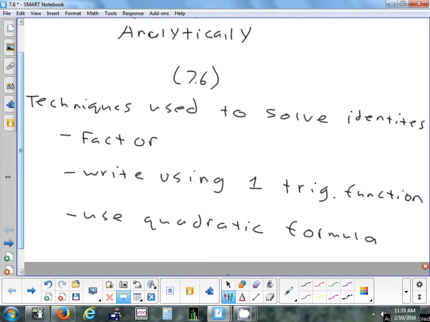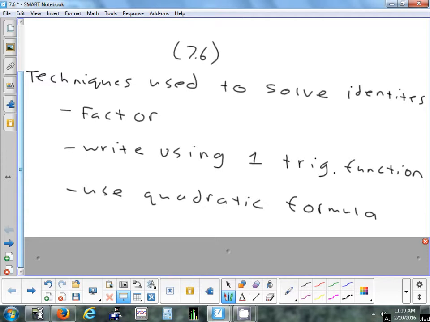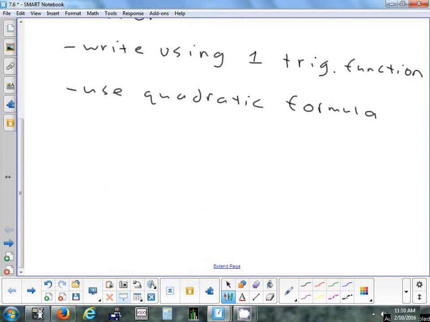Okay, so the trick about using the quadratic formula, I think we looked at that yesterday.